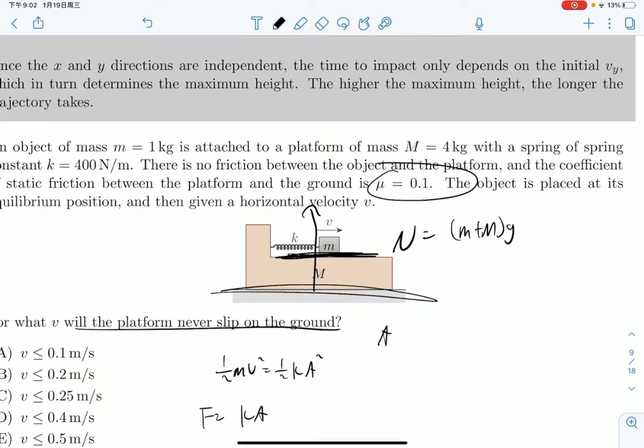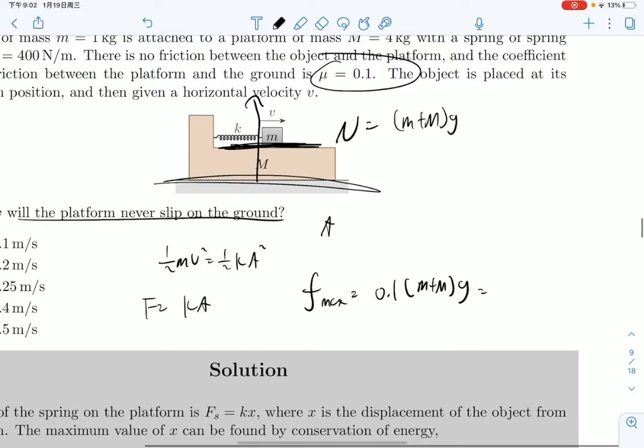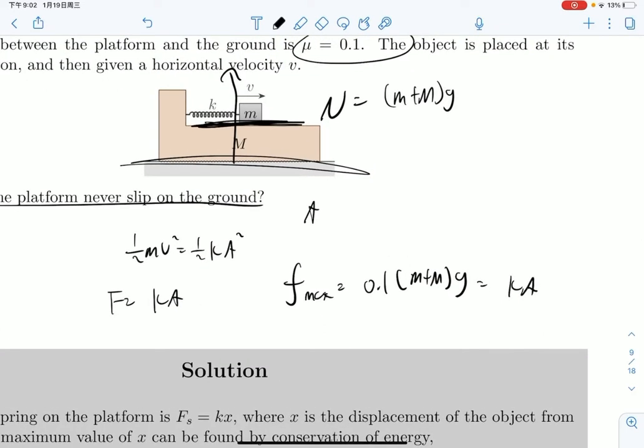So now you have F maximum is equal to 0.1 times (m plus big M) g, and that is equal to k a. And from this equation, you can know a is equal to the square root of m over k times v. If you plug in, you'll have 0.1 (m plus big M) g is equal to k times the square root of m over k times v.